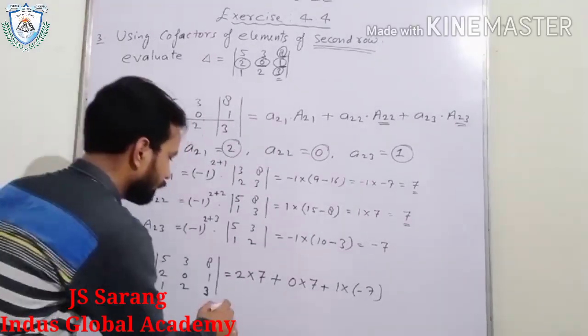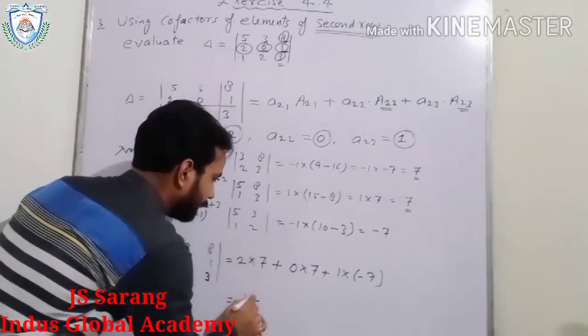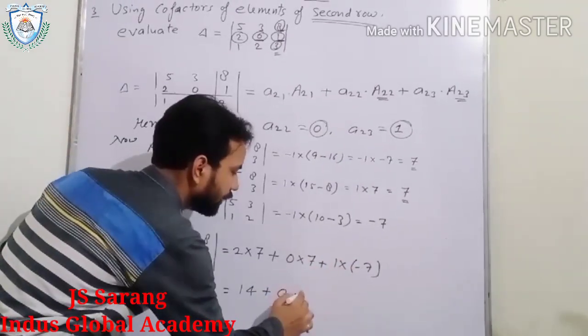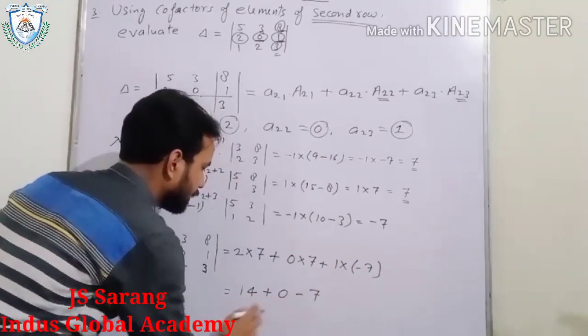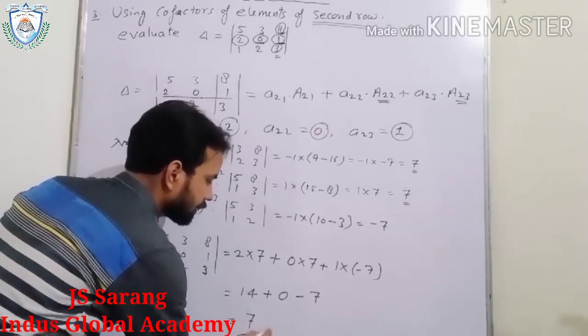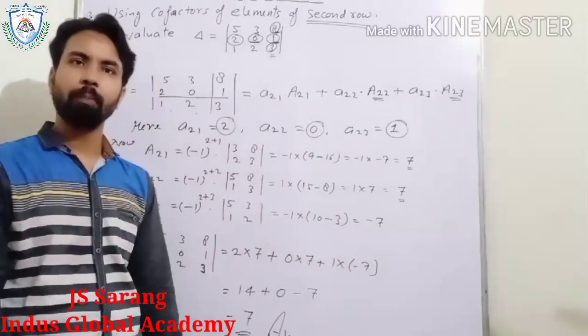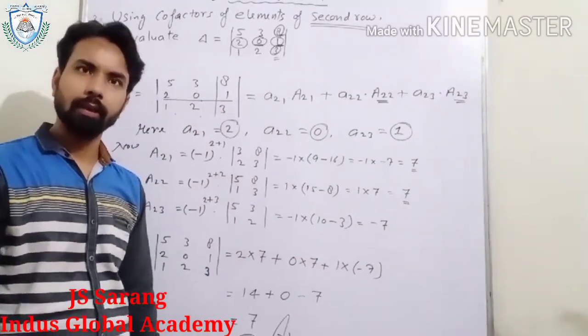Solve this: 2 7s are 14, plus 0 into 7 is 0, 1 into minus 7 is minus 7. So 14 minus 7, the answer is 7. This is the answer of this determinant. Hope it is clear.